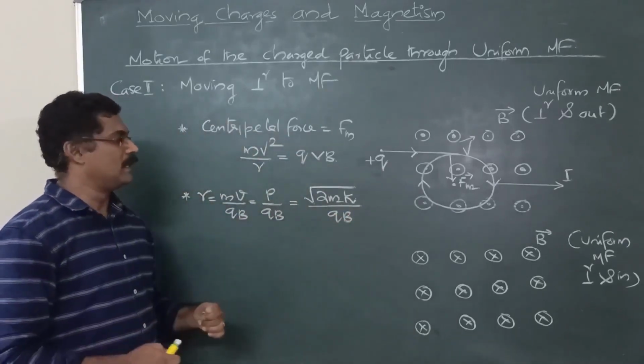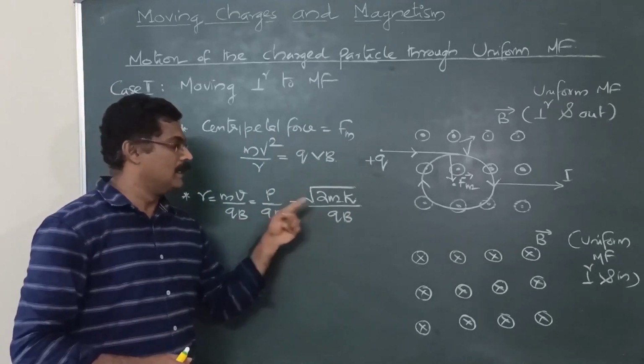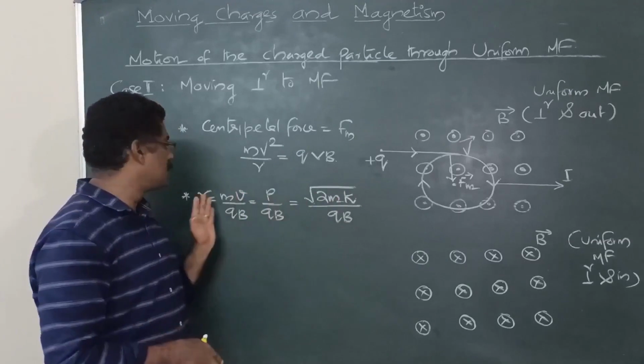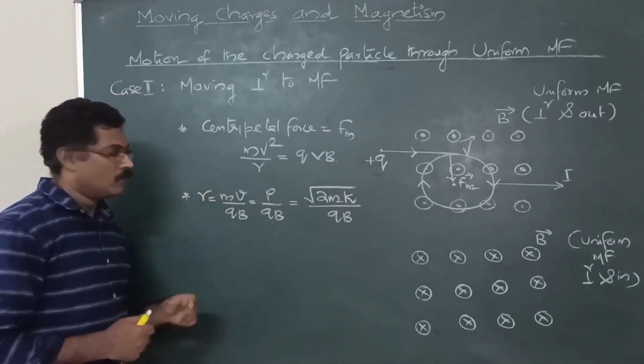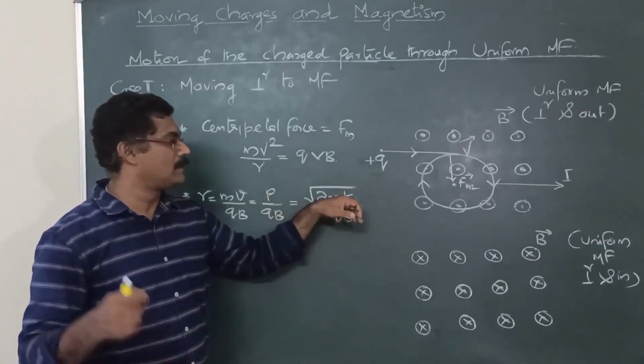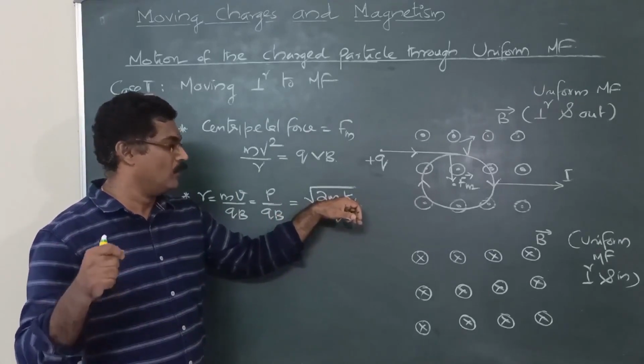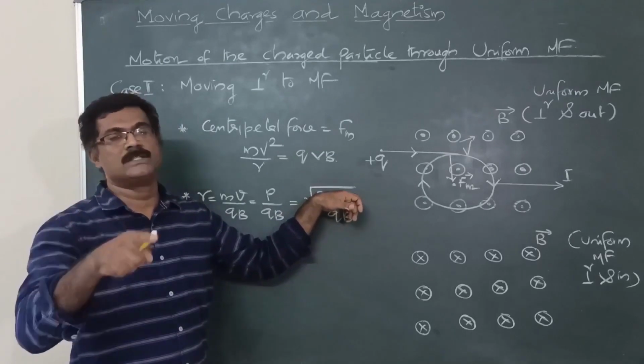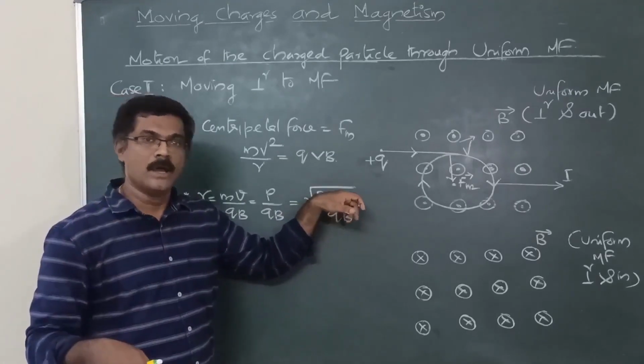Okay, one more question. If the charged particle is initially moving through an accelerating potential, then what is the equation for radius? We know that when the charged particle is accelerated through a potential V, then kinetic energy is given by qV. q is the charge, V is the accelerating potential.